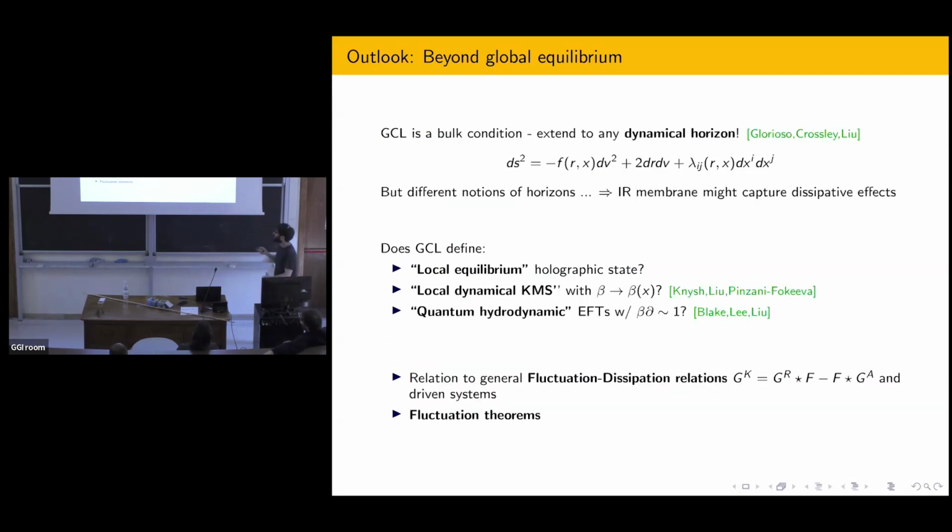The hope is that understanding how to implement the more general symmetries on the IR membrane will give us a hint as to what is the geometrization of these more general constraints, because we now see GCL as a geometrization of KMS symmetry.